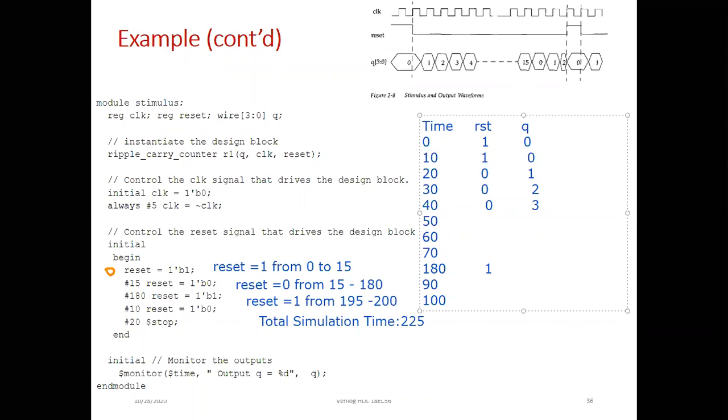Reset becomes 1. Then Q will become 0. Sorry, Q is 1. Next, here I have 190, because 180 plus 10 is 190. Then reset becomes 0 again. Then what is the value here? Any idea?